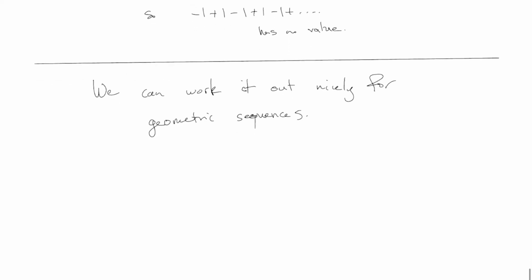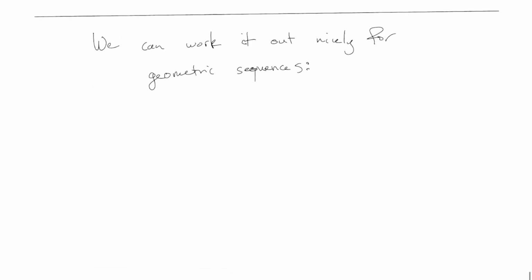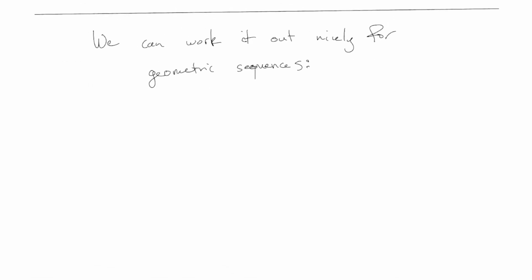A geometric sequence, I hope you recall from last time, is something that looks like powers of a number, like 2 to the n. That looks like 2 squared, 2 cubed, 2 to the 4, right? These are sequences that look like this: a to the n equals some number to the power n. And I think we called that number r.